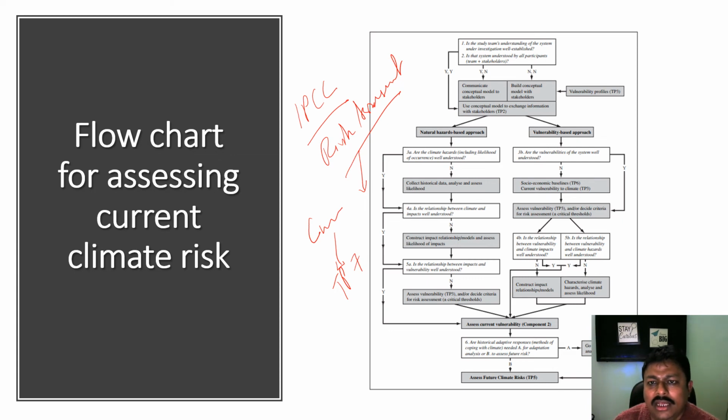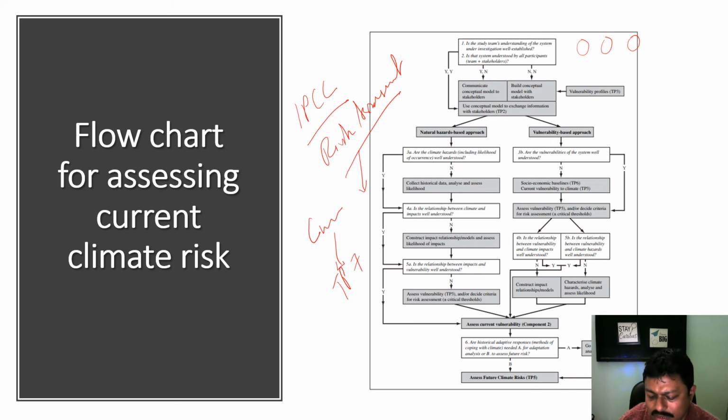So they are saying that they will make different study teams or different case studies. Okay, and in these case studies there will be a participatory approach. That means people of those areas will participate, right? And based on the feedback they get from those local communities, they will create that climate risk assessment, right?